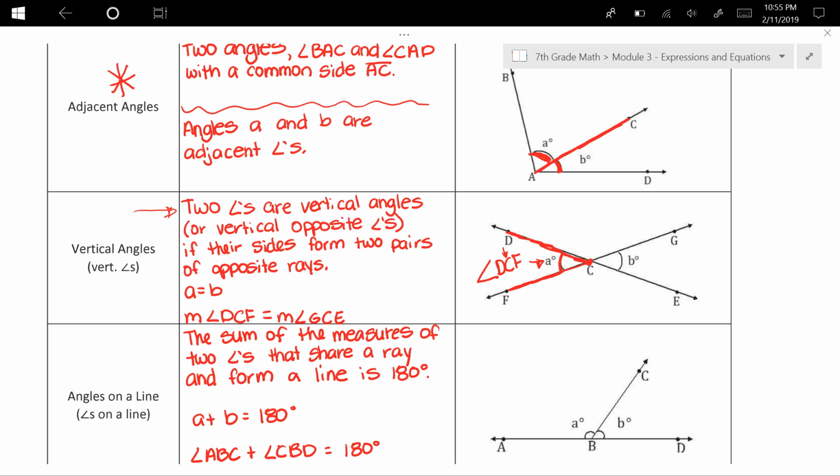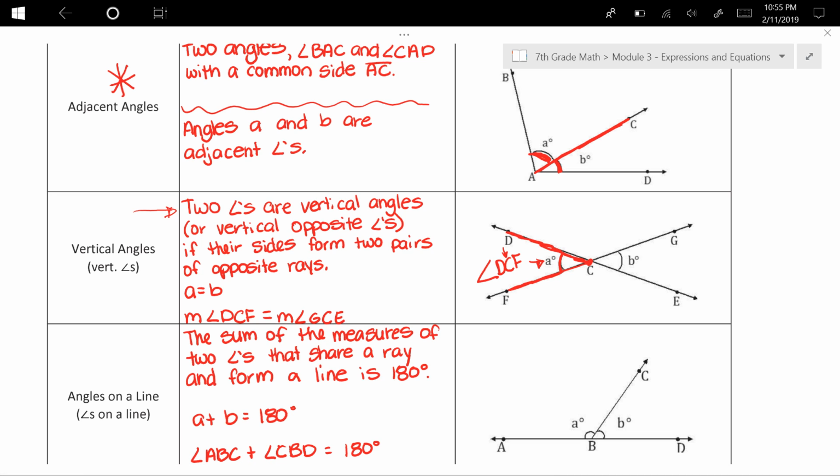But typically, whenever you see an angle being named, they'll always start with D, because D comes first in the alphabet. But you could call it FCD and you would still be 100% correct.